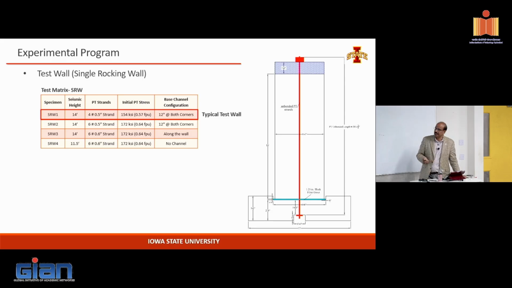So we did initially start the details with, so when you say 12 inch at both corners, that was the length of the channel that we put in, so it's about 1/3 of a meter. And in one case, we put in, I think it was a requirement that came from one of the precasters, I think it was argued that putting a channel for the entire length is a better option. So, and then by the time we understood what was going on, then we eliminated the channel completely because the precasters asked this.